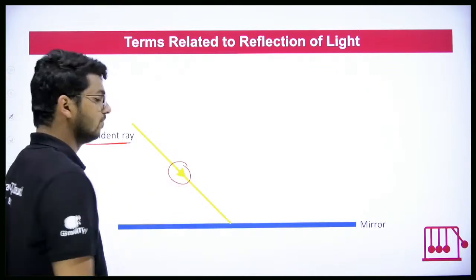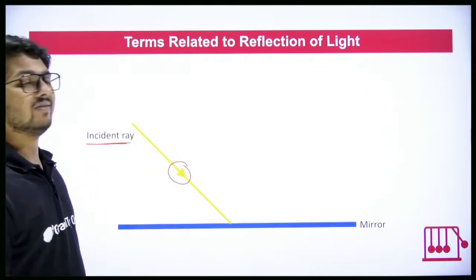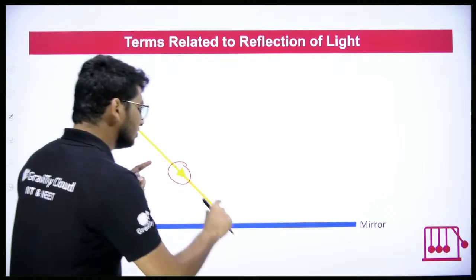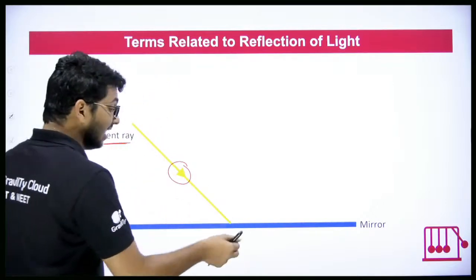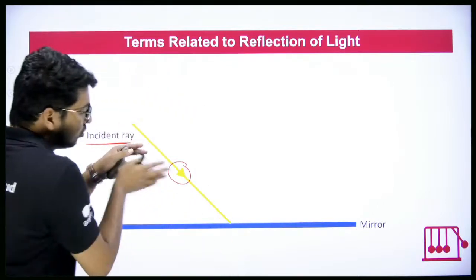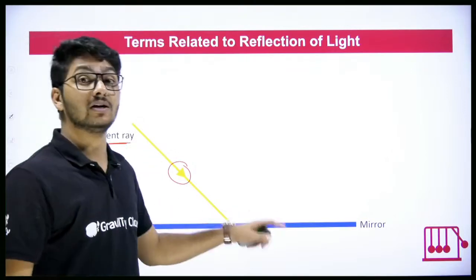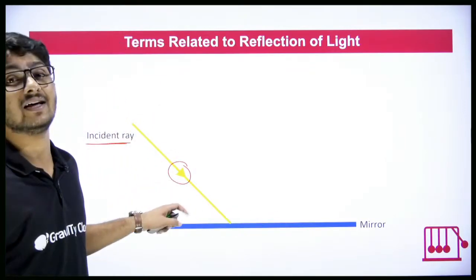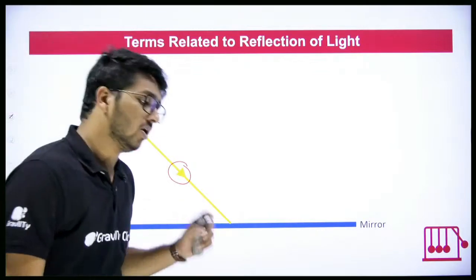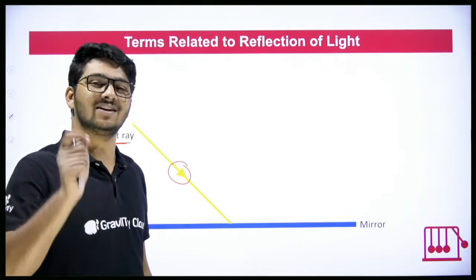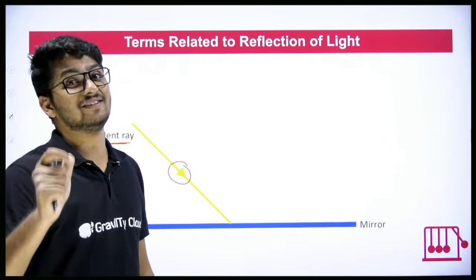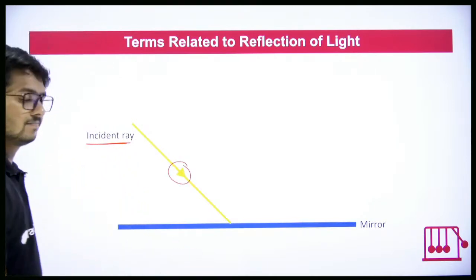Using the arrow. Look at the arrow. In which direction is it? It is towards the mirror, towards the opaque surface. It is going to fall on it. So the arrow will tell us whether it is an incident ray or something else. That is the reason why showing arrows is very, very important.